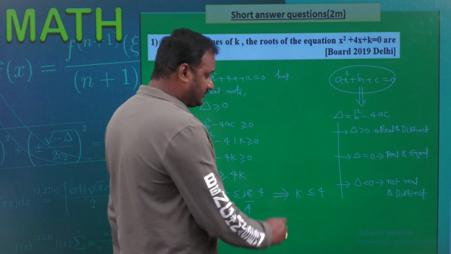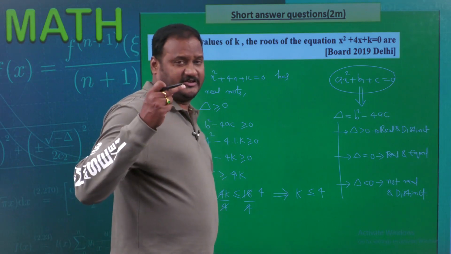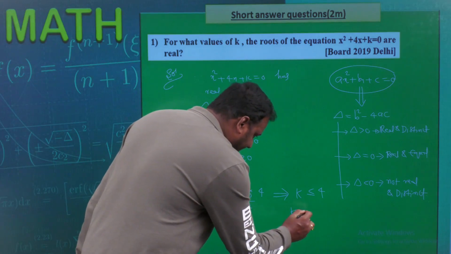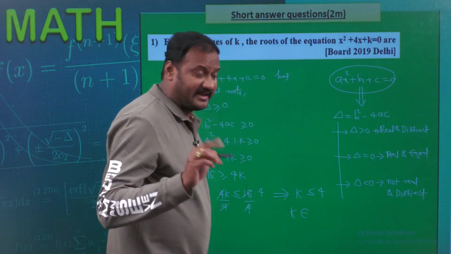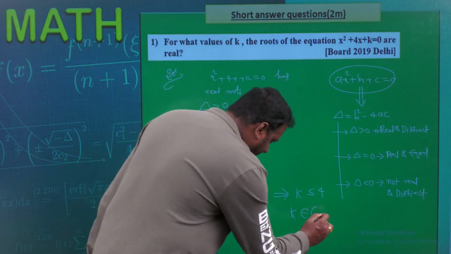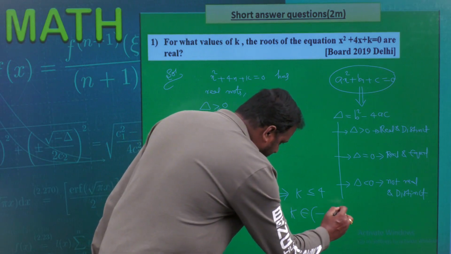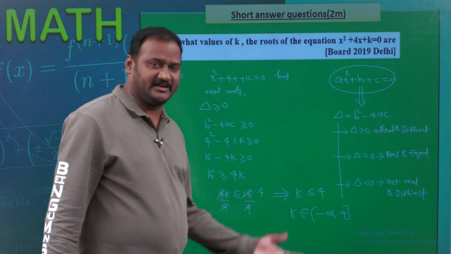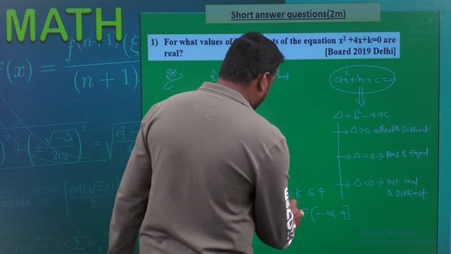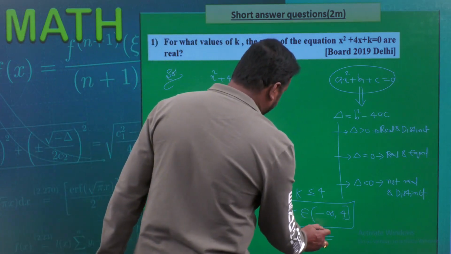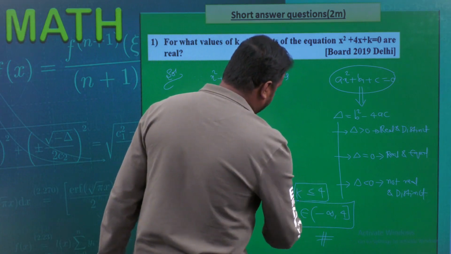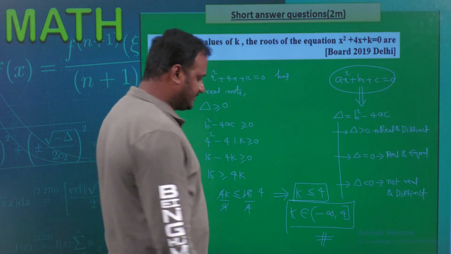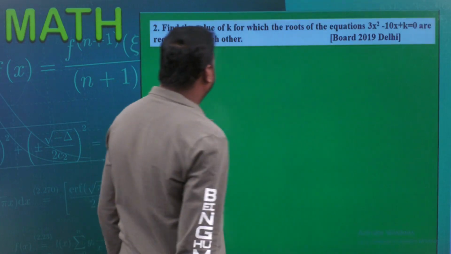In interval notation, you can say that k belongs to the open interval minus infinity to closed interval 4. This is called interval notation. Of course, you can use this notation to express the value of k, or else simply write k less than or equal to 4. Hope you understand? Moving on to the next problem.